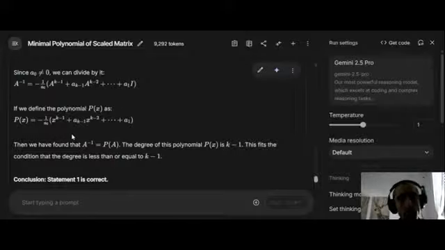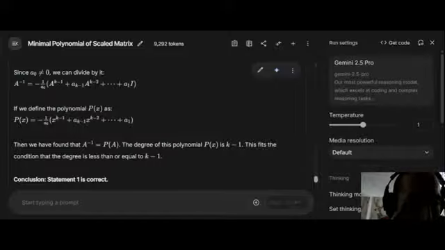This is a very nice result. You can use the minimal polynomial to find the inverse for an invertible matrix.